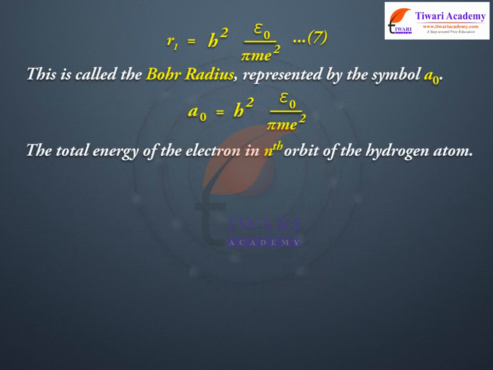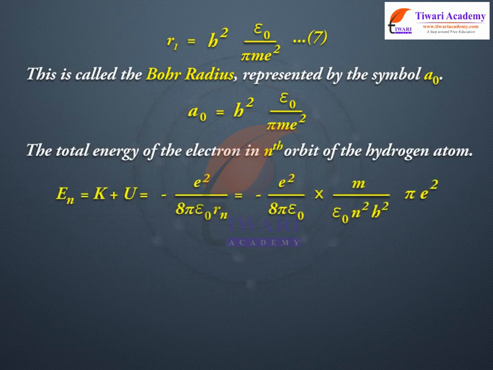The total energy of the electron in nth orbit of the hydrogen atom, En is equal to K plus U is equal to minus e square upon 8 pi epsilon naught Rn, is equal to minus e square upon 8 pi epsilon naught into m e square upon epsilon naught n square h square pi.